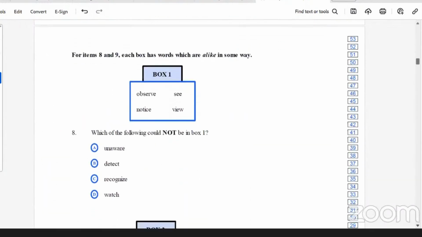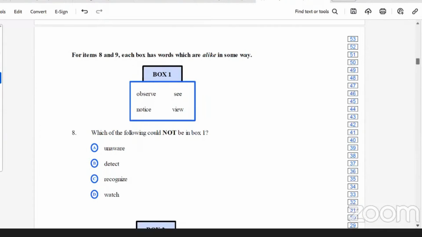Let's get to questions 8 and 9. Each box has words that are alike in some ways. For question 8, you're going to see which of the following could not be in box 1. The words in box 1 are observe, see, notice, view. Here are the options: unaware, detect, recognize, watch.